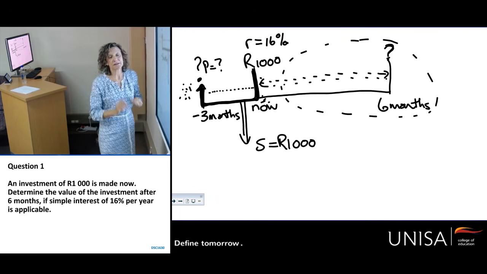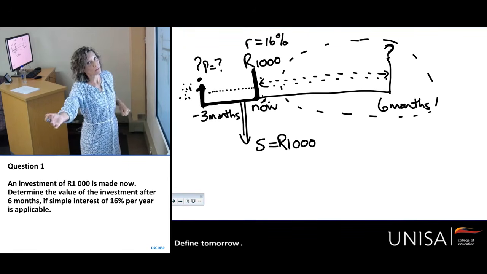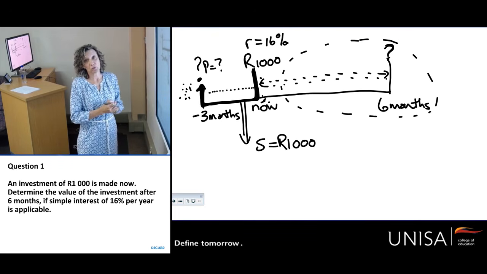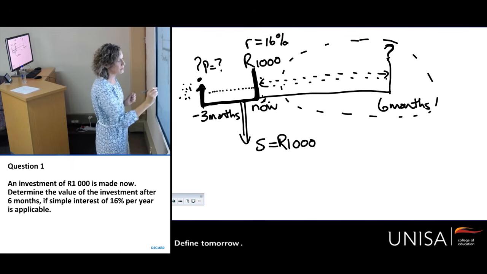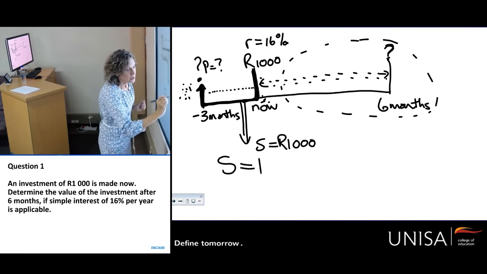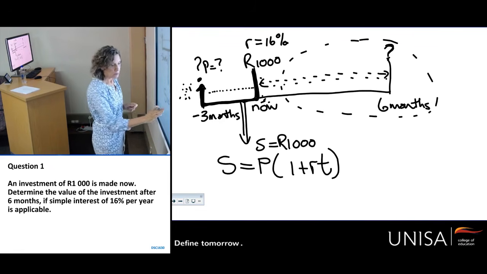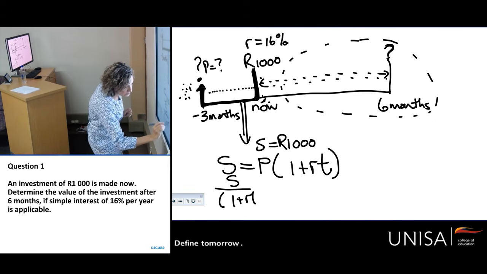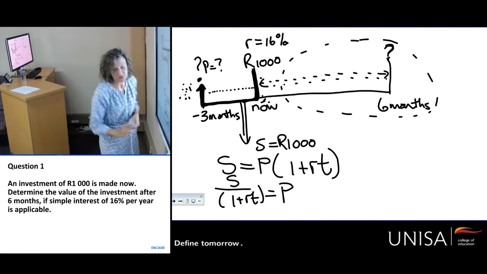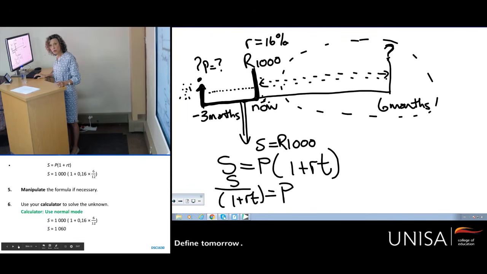That's why I say the timeline is so important to help you determine whether this 1,000 Rand is the present value or the future value. What we need is the principal value. We're working with simple interest, so we know that is our formula. We want P, so S divided by 1 plus RT will give me my principal value. Now let's go back to our question and our solution on our PowerPoint.